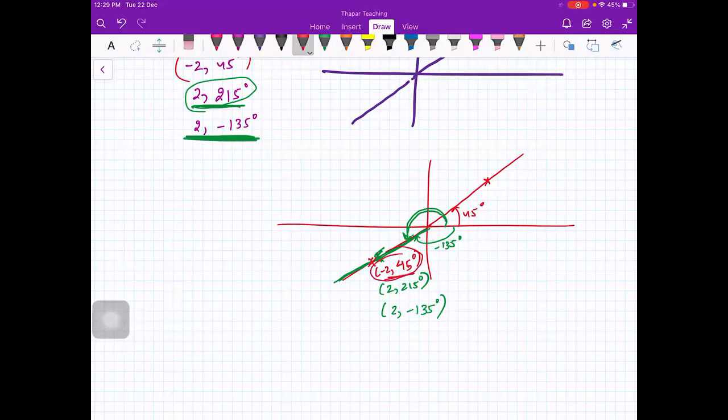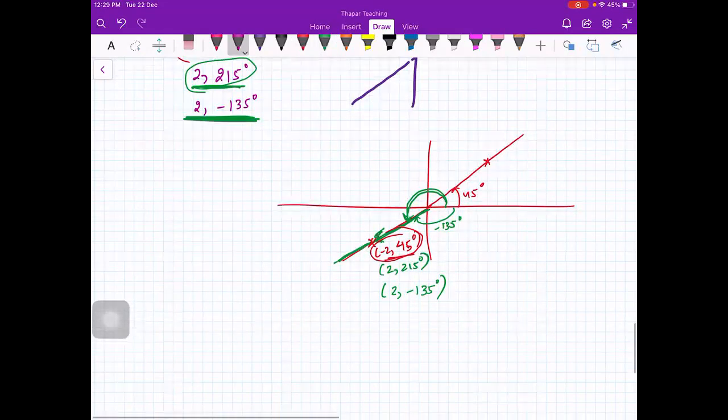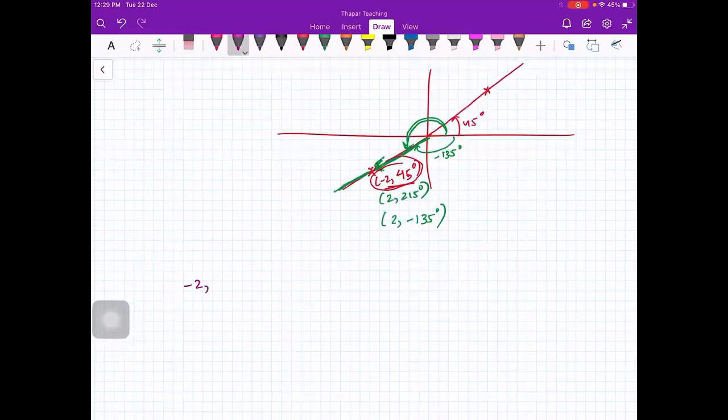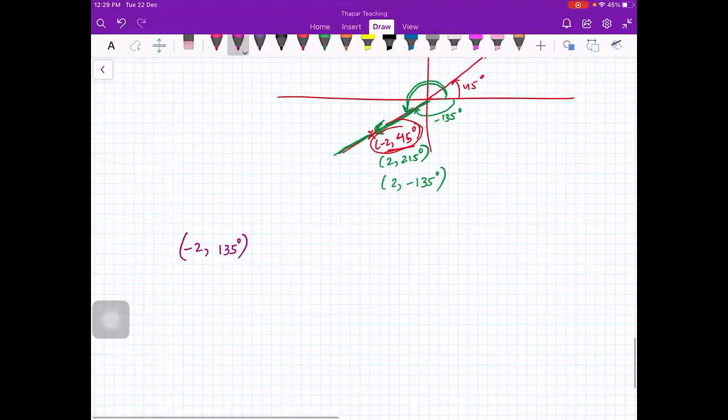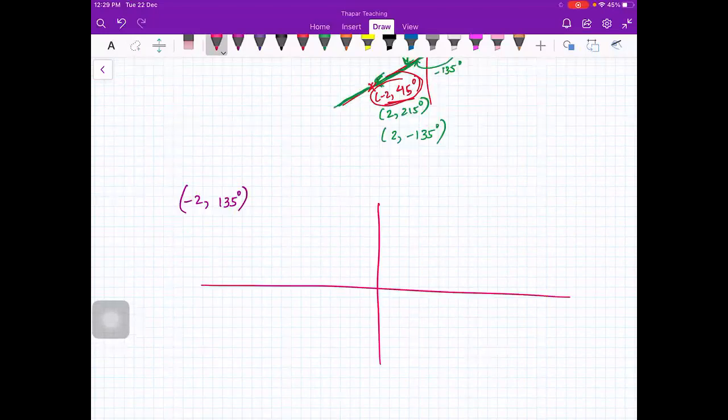So you need to understand what negative r means. Let me give you this. What is the meaning of minus 2 comma 135 degree? Can you tell me where this point will be? Ma'am, it will be in the place of 2 comma 45 degree. No. First of all, you will go to the second quadrant, to the 135 degree axis.